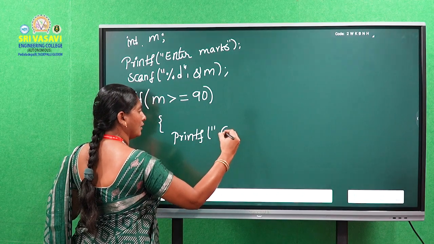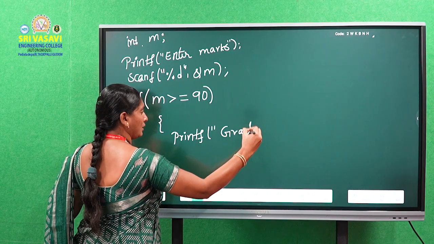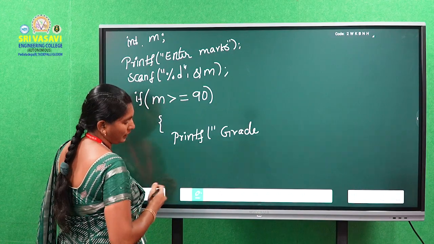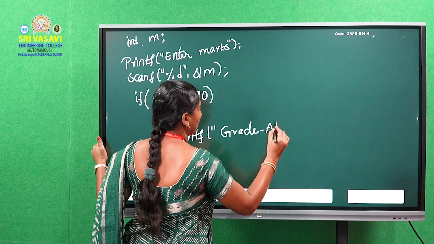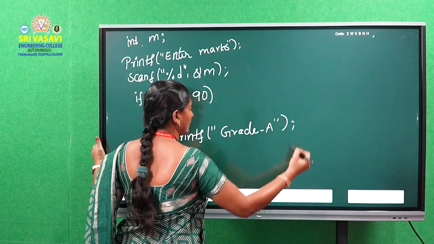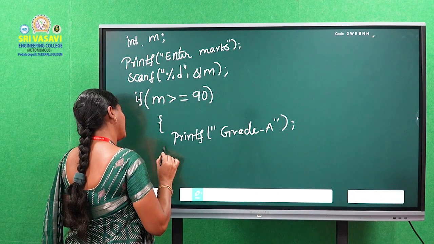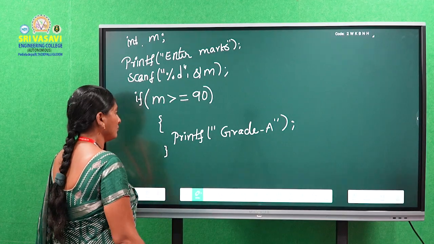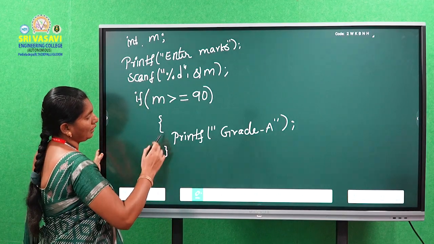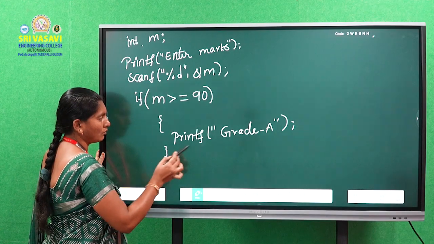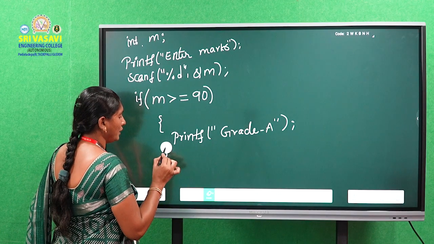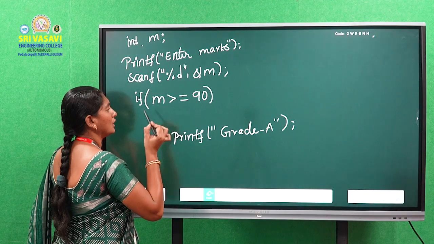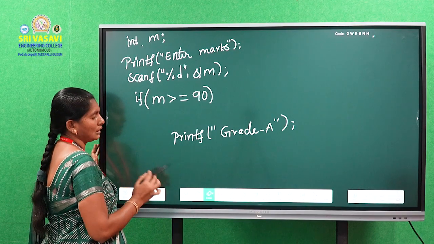What is the grade? The message is optional; you can write something like "Your grade is so and so." Here I am simply writing Grade A. That's it. Here I have only one statement, that's why you can remove the curly braces.